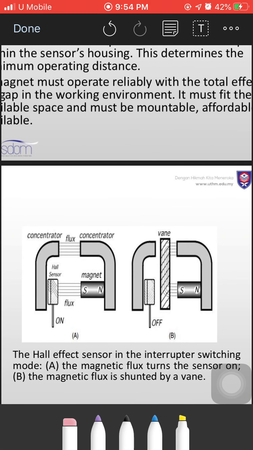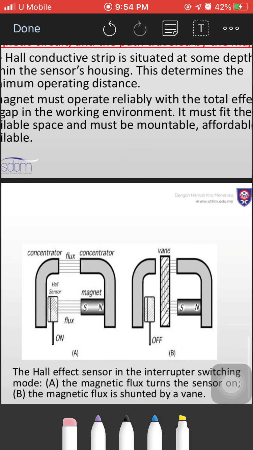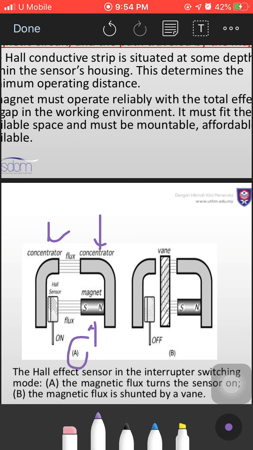This one has a concentrator, this one is our sensor, and this one is our magnet. In figure A, there is no vane or interrupter between the sensor and magnet, so this condition is in the on condition.